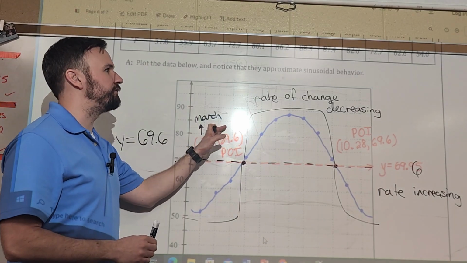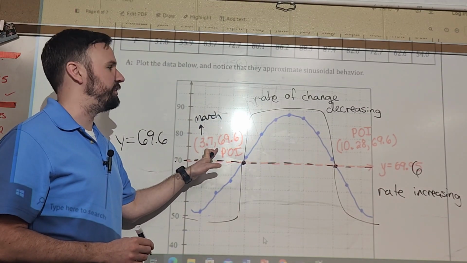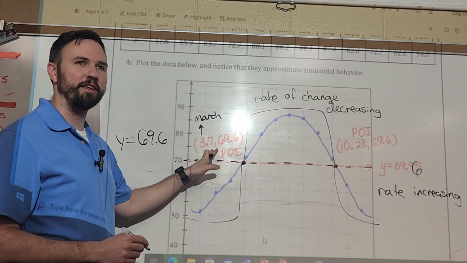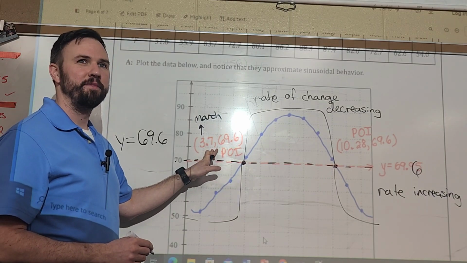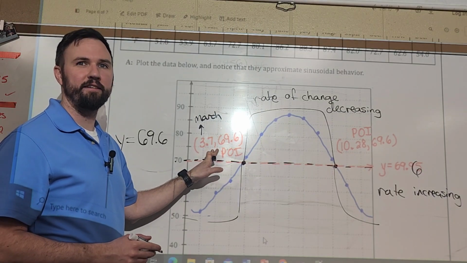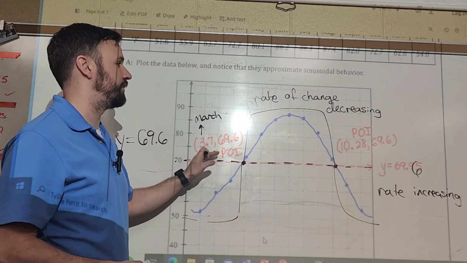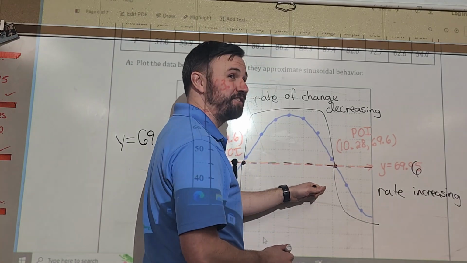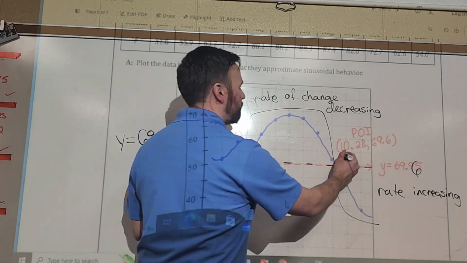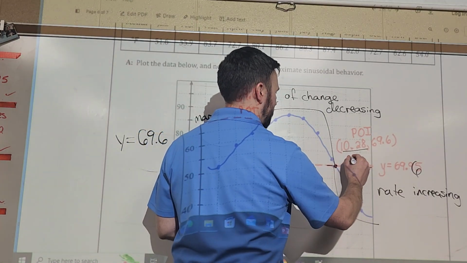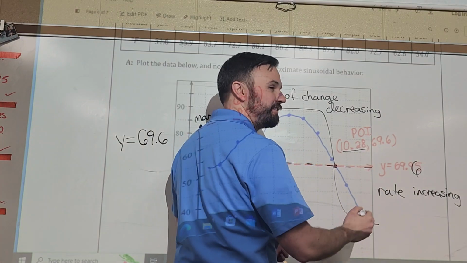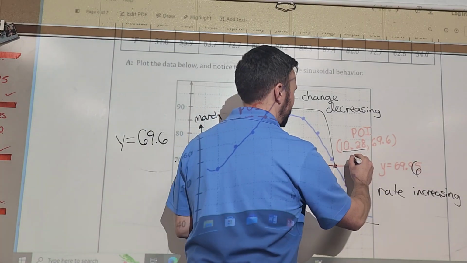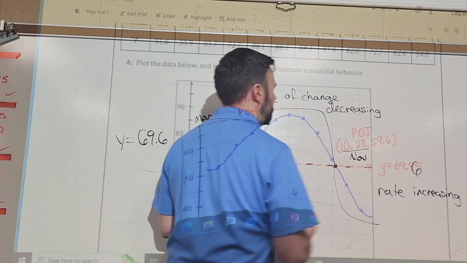In March, the rate of change starts decreasing. Isn't that wild to think about, actually? You'd think it's the opposite, but it's not temperature, it's the rate of change of the temperature. So what happens to my rate of change of temperature in this month? It becomes increasing. Isn't it that counterintuitive? That's November.